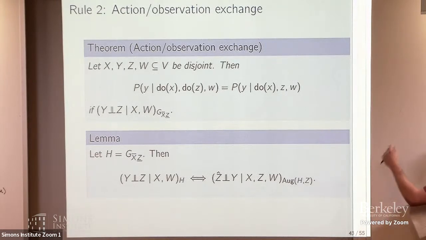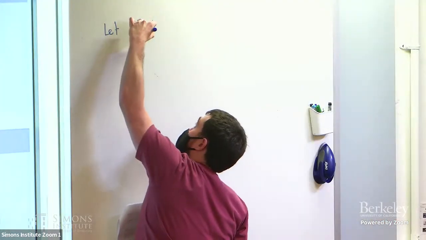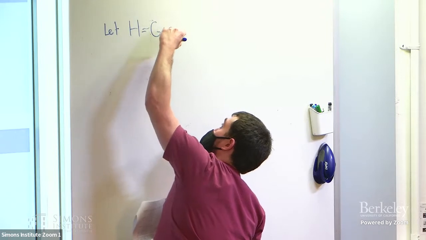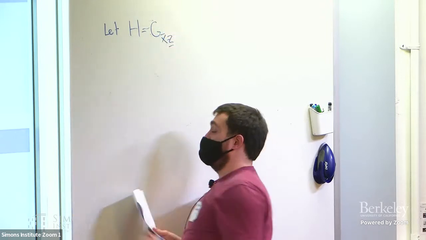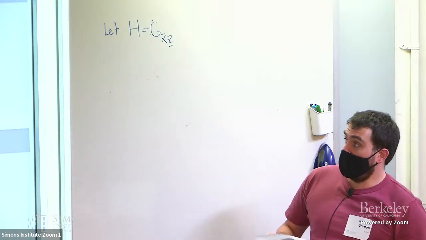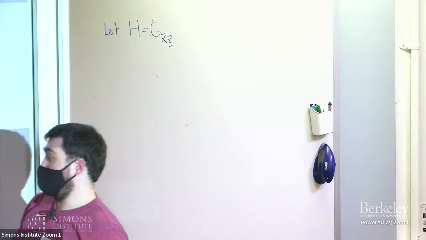Okay, so again, we're going to let H be this graph where we've removed the parents of X and the children of Z. And now we're going to assume that this holds and now use that this holds.